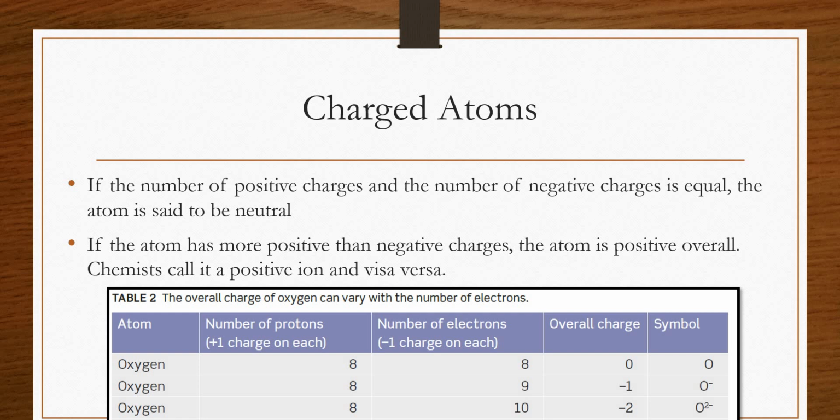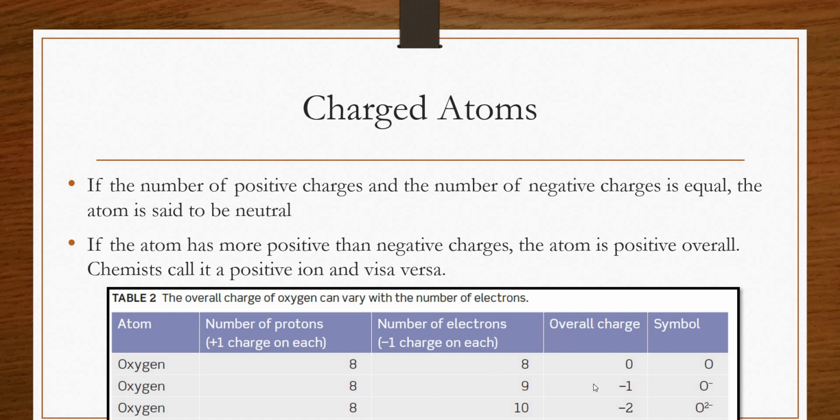If the number of positive charges and negative charges are equal, the atom is said to be neutral. More protons means positive, more electrons means negatively charged. If it was positively charged, we call it a positive ion, and if negatively charged, a negative ion. So if we look at oxygen as an example, balanced oxygen is just whatever.